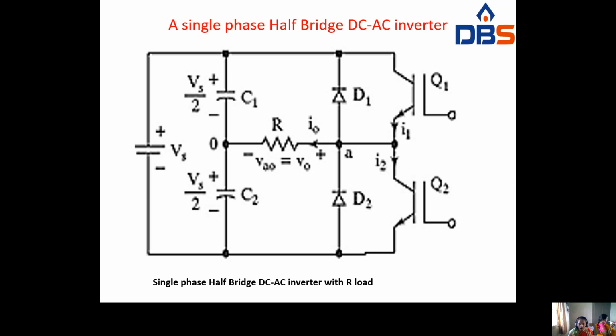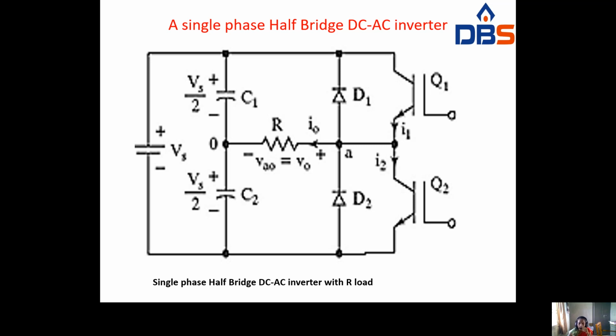The output is obtained across the R load, with output current I naught. Q1 and Q2 are the two transistors, and diodes D1 and D2 are connected across Q1 and Q2 respectively.